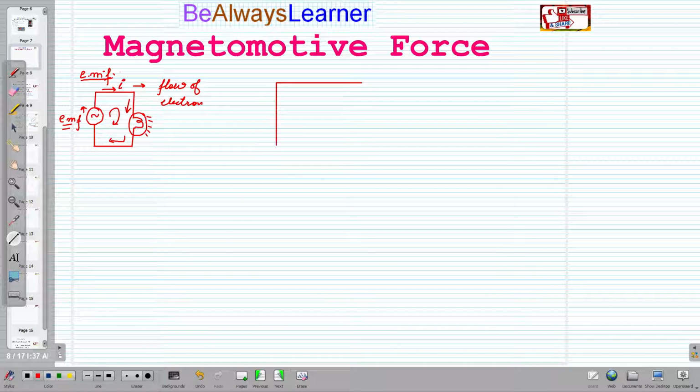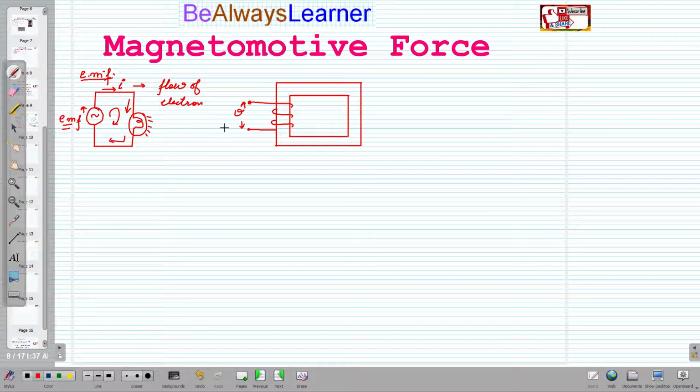If we are having a magnetic circuit in the form of a core, iron core, so this is the iron core, and some source of input is connected, and we are winding the wire. We wind the wire like this and apply some source here, that is V, having V voltage at the input side, and that is the reason a current starts to flow here.